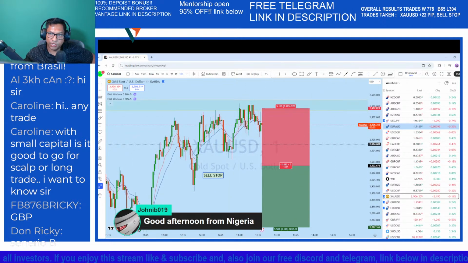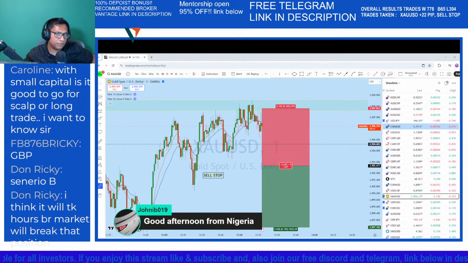So this is a consolidation here in that area at the moment, and with that consolidation, the market slowly coming towards the downside.